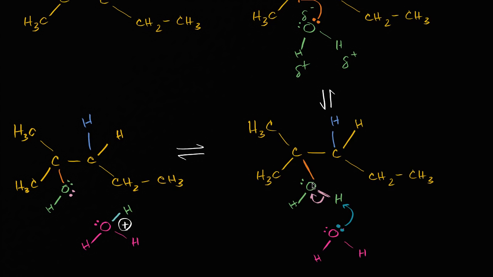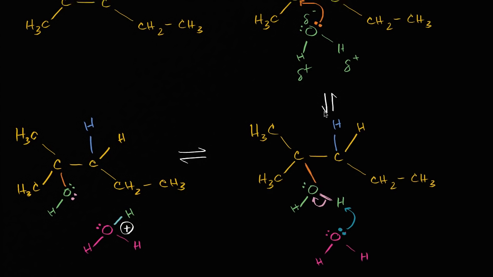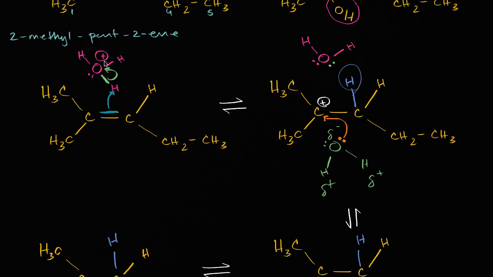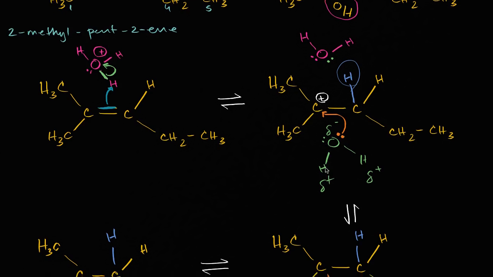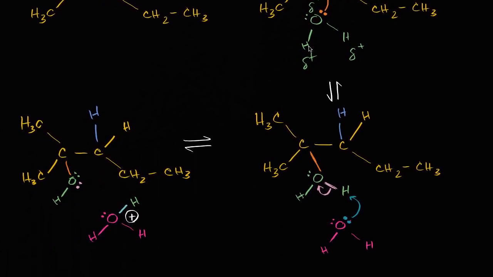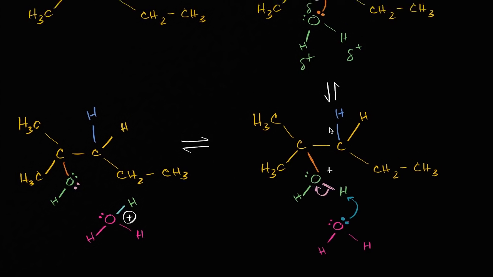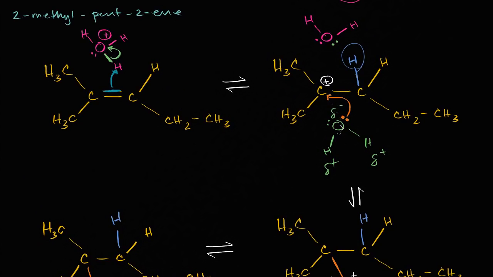Oh, I have to be very careful. In the last step, I forgot to draw the positive charge. You always want to make sure that your charge is being conserved. We started off with a positive charge on the hydronium. Then we have the positive charge on a tertiary carbocation right over here on a number 2 carbon. And now the positive charge would be right over here, because that oxygen, which in this water molecule was neutral, is now sharing these 2 electrons instead of keeping them.